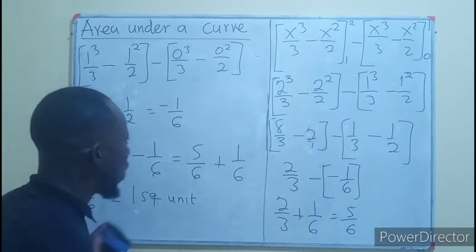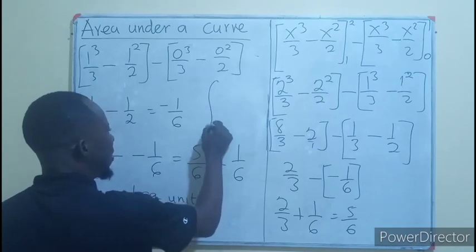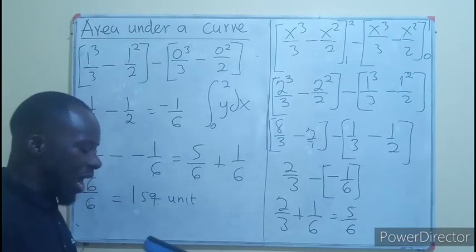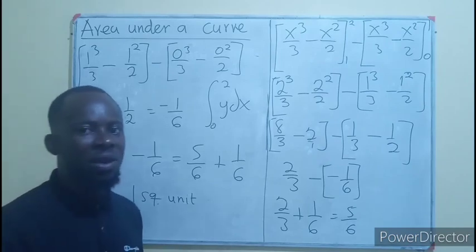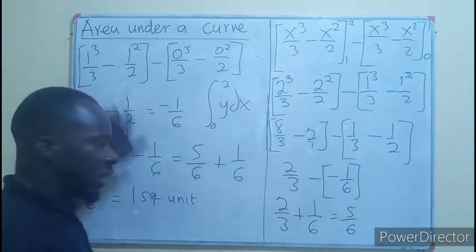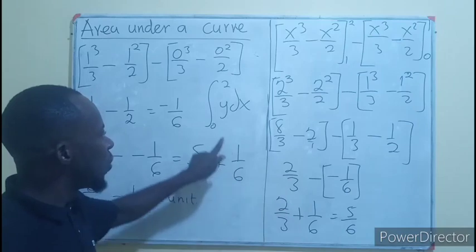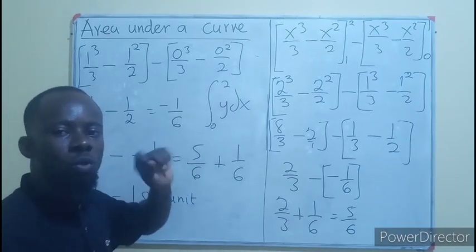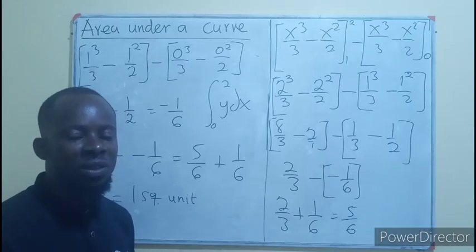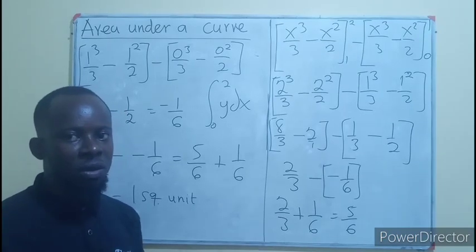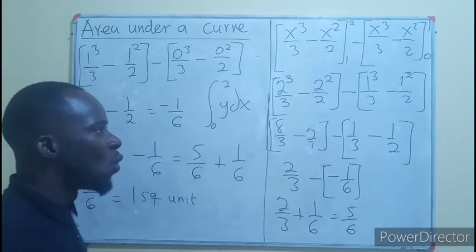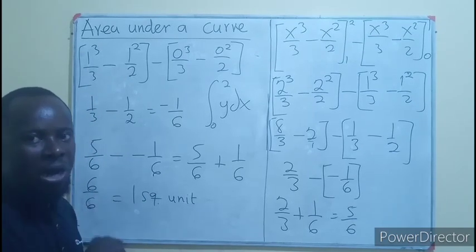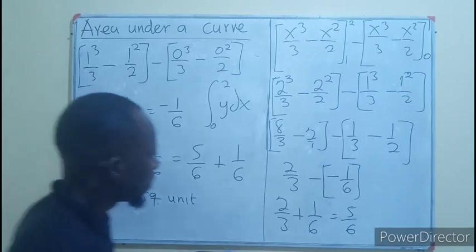If you were to just go ahead and have the integral from 0 to 2 of y dx, our answer would have been different from the calculation we did, because we would just use lower limit 0, upper limit 2. Then we perform our integration, and that will be wrong. So the curve will also tell you where you are moving from, your lower limit to upper limit.